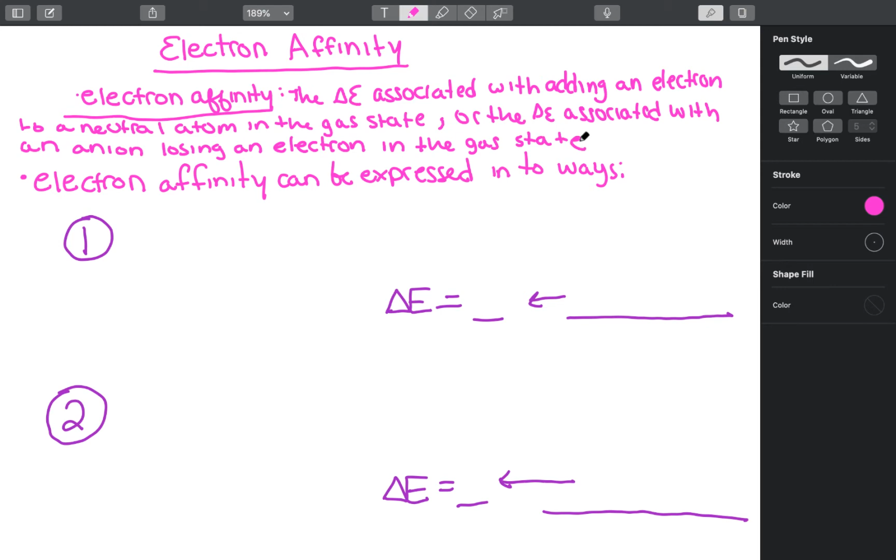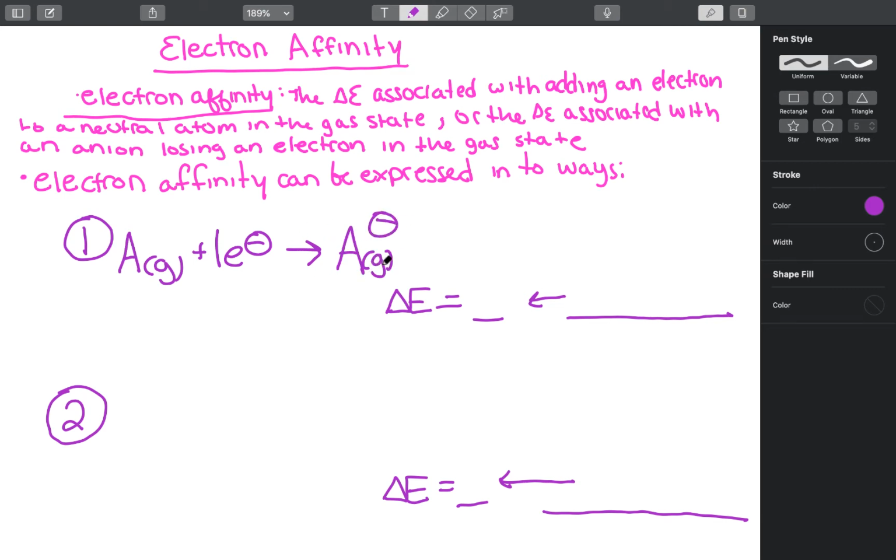So therefore, electron affinity can be expressed in two different ways. So let's do the first way. Now the first way is when we add an electron to a neutral atom. So this can be symbolized by this chemical equation. You have your neutral atom in the gaseous state, and we add an electron to that atom, forming our anion.